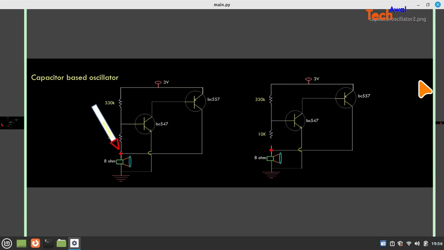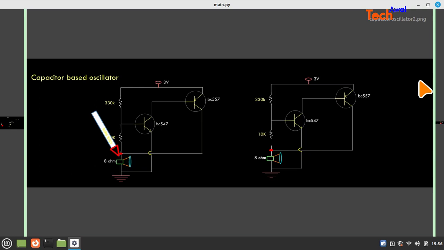The moment it discharges, its resistance is lowering, and one moment will come that it will be a short circuit. The moment current starts flowing through it, there will again be noise in the speaker.